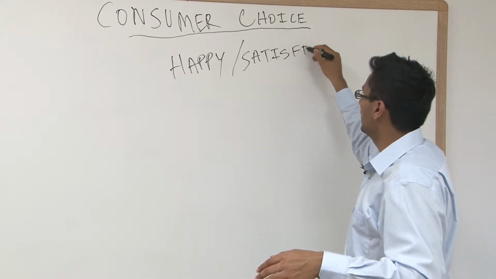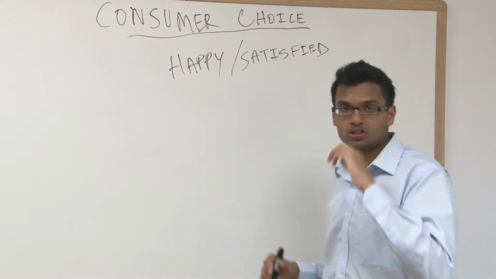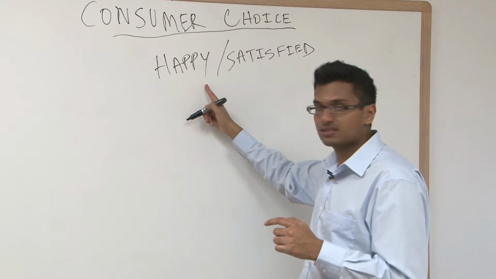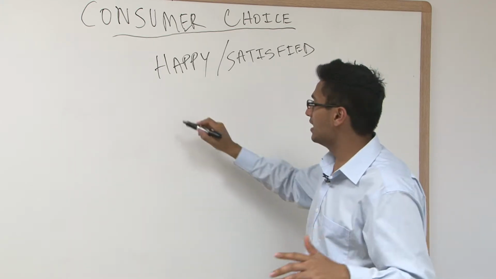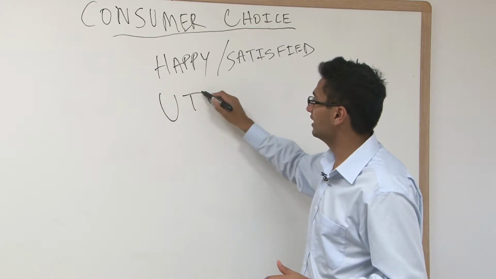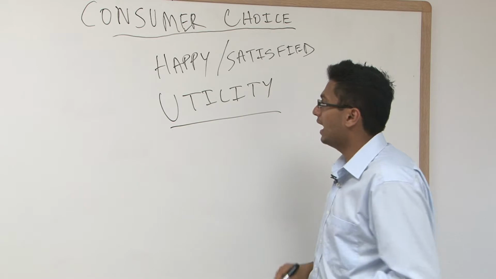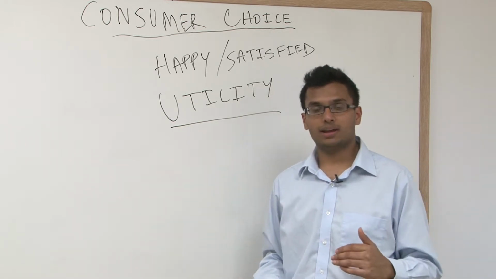Okay? And being economists, we kind of love terms, okay? And the way we define happiness, or being satisfied or satisfaction, right, is this term called utility. Okay? And utility is really important, okay? And I'll explain why.